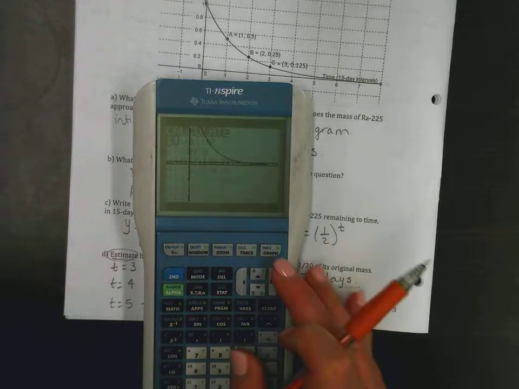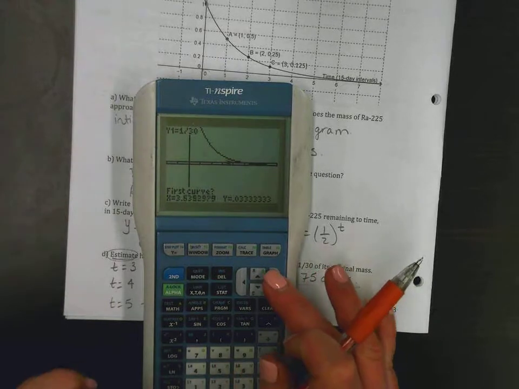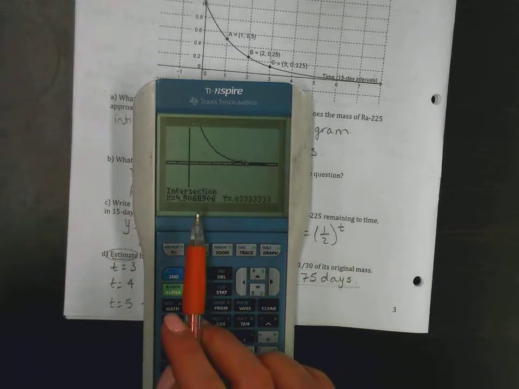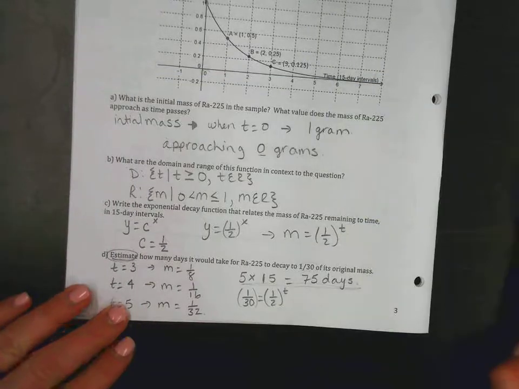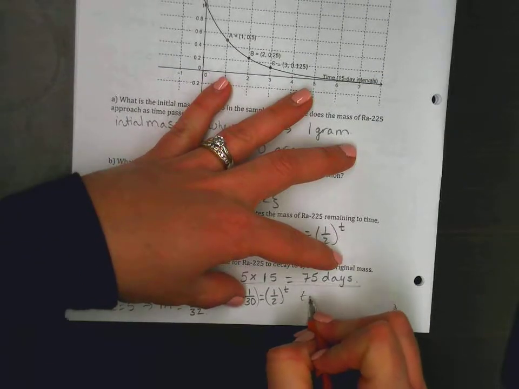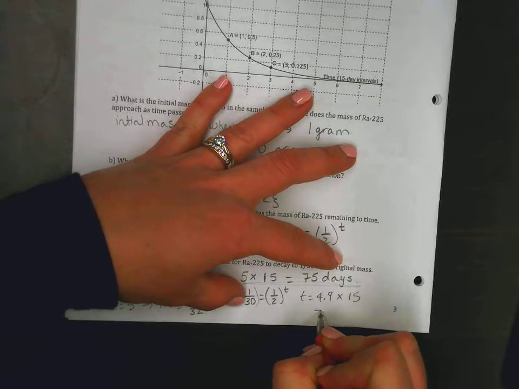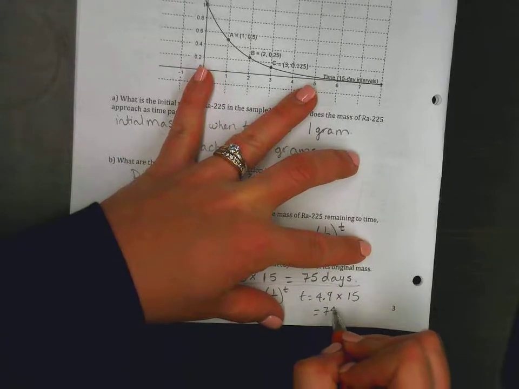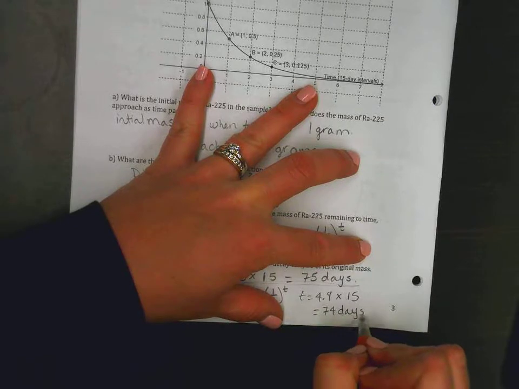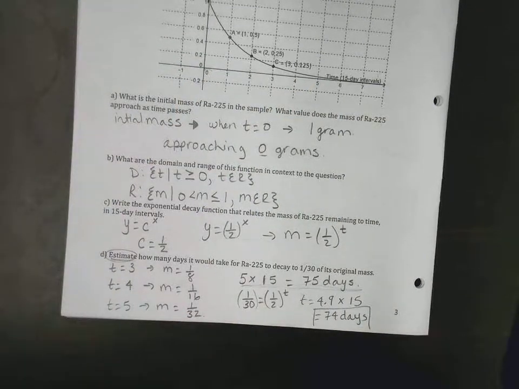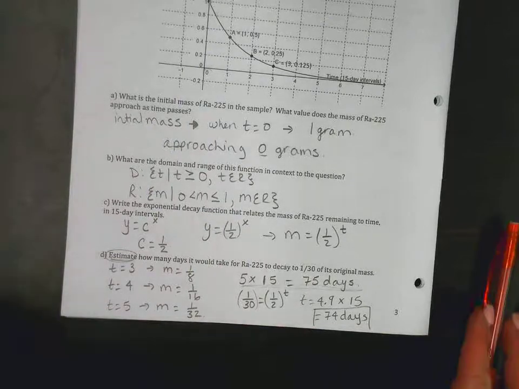So 5 for intersect. Enter, enter, enter. So the exact value would be 4.9 times 15. So a more accurate value, if we multiply those two values, would be 74 days. Okay, and so that is the start of our exponential functions.